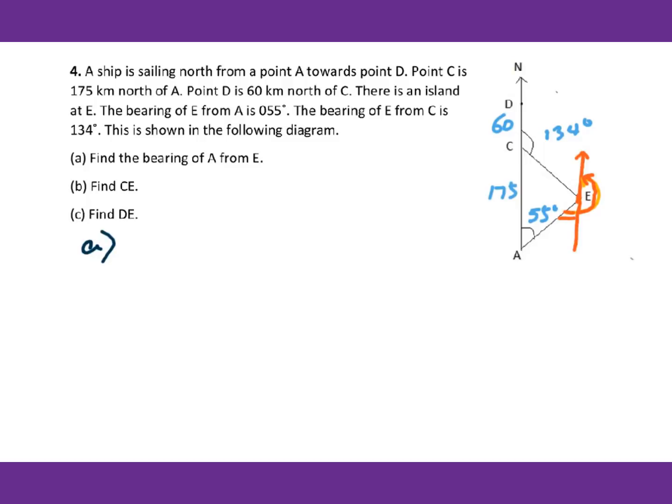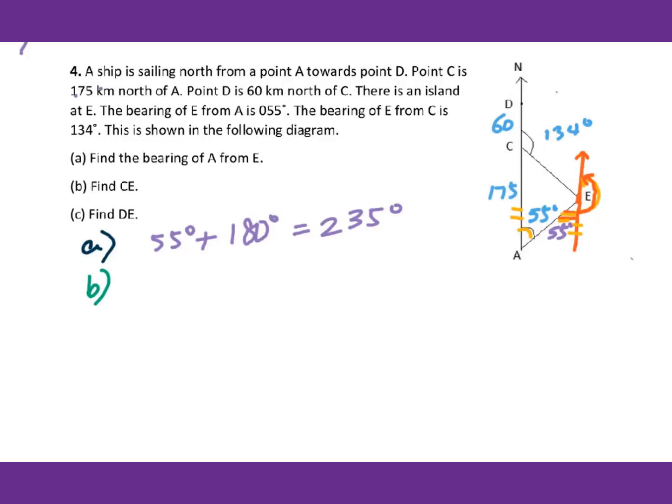This angle will be the bearing of A from E. Since these two lines are parallel, these two angles must be equal to each other because they are alternate interior angles. Therefore, the bearing of A from E will be 55 degrees plus 180 degrees. That is 235 degrees.